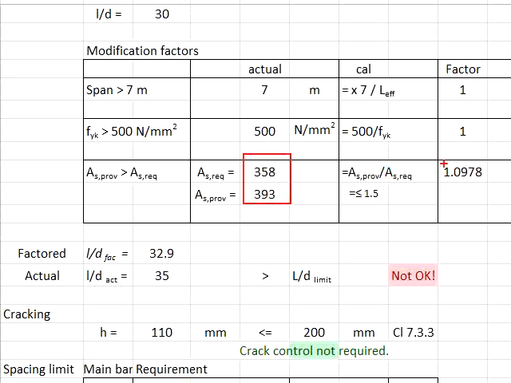This will give you a modification factor of 1.0978 as a ratio between As provided and As required. This value needs to be less than 1.5. Now the L per D calculated from the equations is multiplied with the modification factor, and you acquire 32.9.